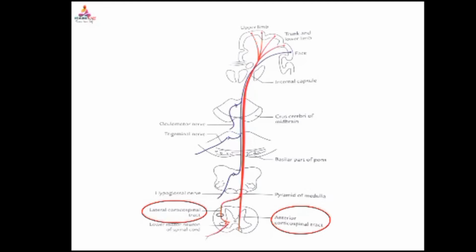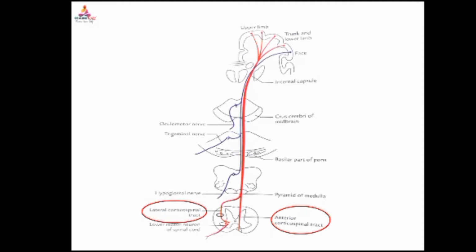Its origin: most of the fibers of the corticospinal tract arise from pyramidal cells of the motor area of the cerebral cortex. Some fibers arise from other parts of the cortex. Its course: the fibers pass through the corona radiata, internal capsule, crus cerebri of the cerebral peduncles, ventral part of the pons, and pyramids of the medulla oblongata.